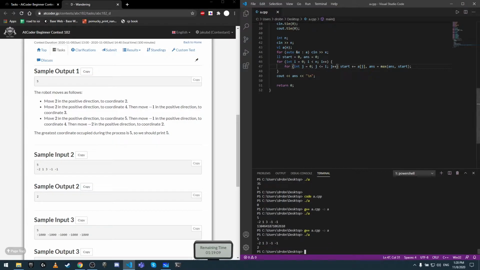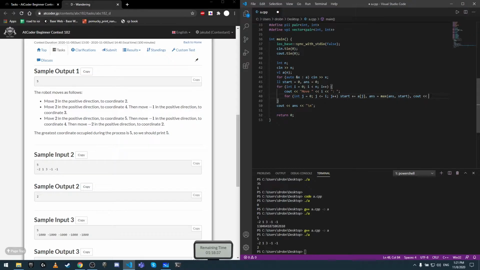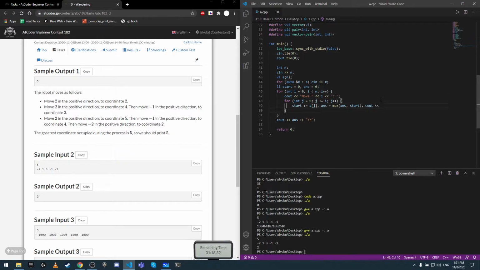I kind of stopped commenting. Okay, so what we're gonna do is move plus I. So what I'm gonna do is just to somehow, like first of all, see how can I calculate this on paper. I don't know why am I doing this inline, but I probably shouldn't, but who cares.